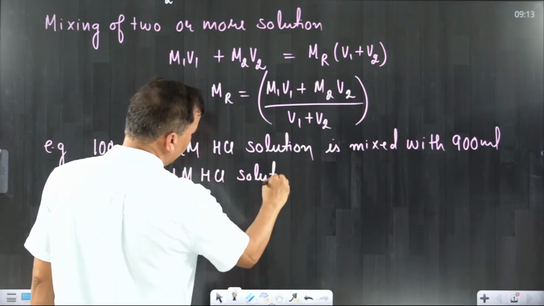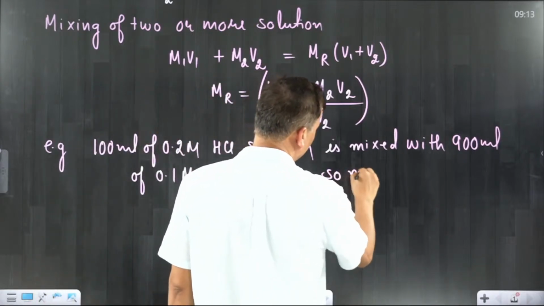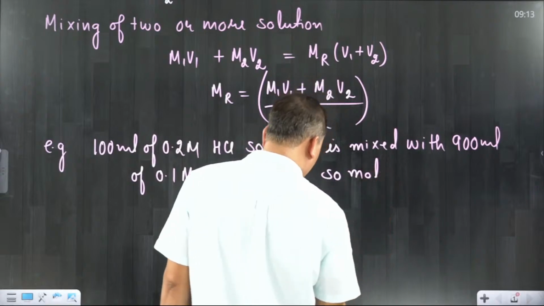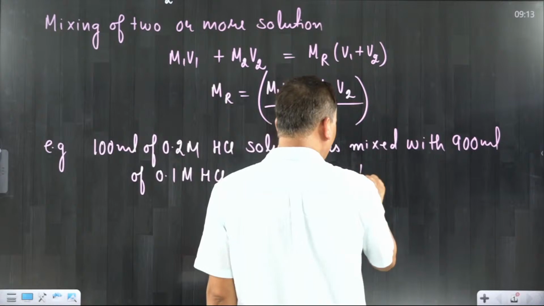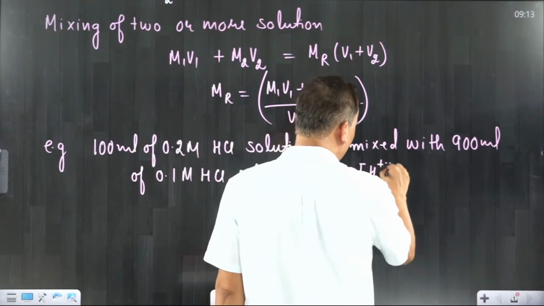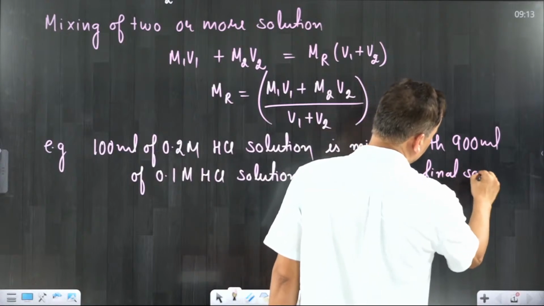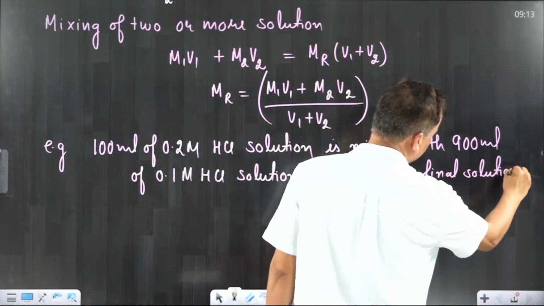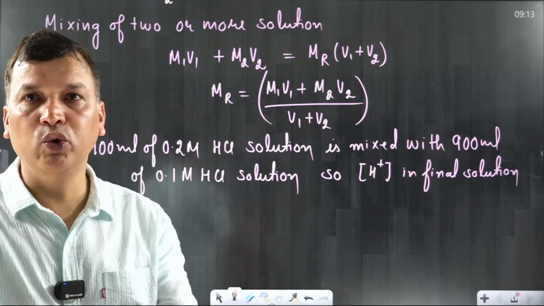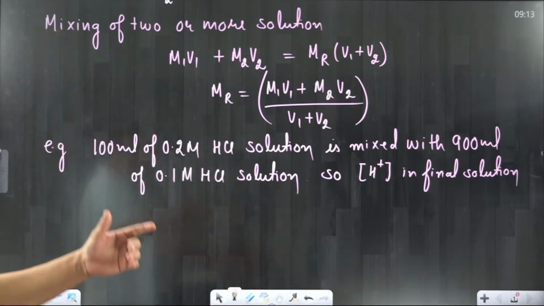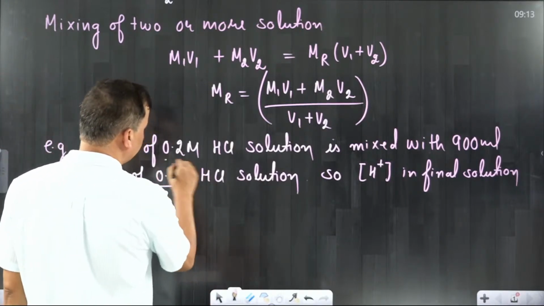So what will be the molarity of the resulting solution? Or instead of molarity, you can say, what will be the molar concentration of H positive in the final solution? How many solutions do we have? We have two solutions, one having molarity 0.2 and the second having molarity 0.1.